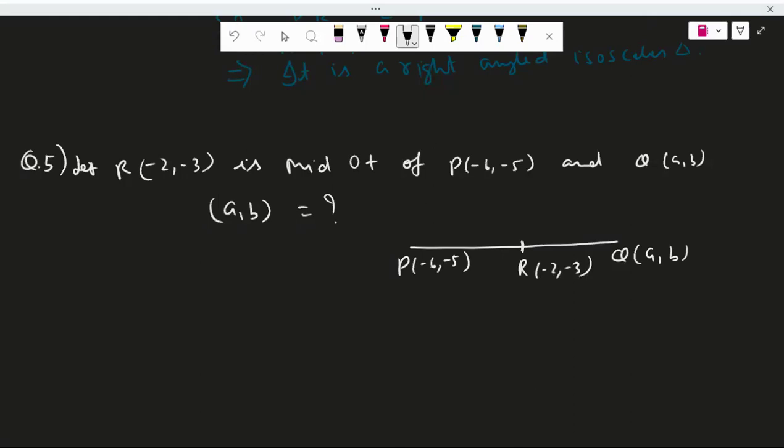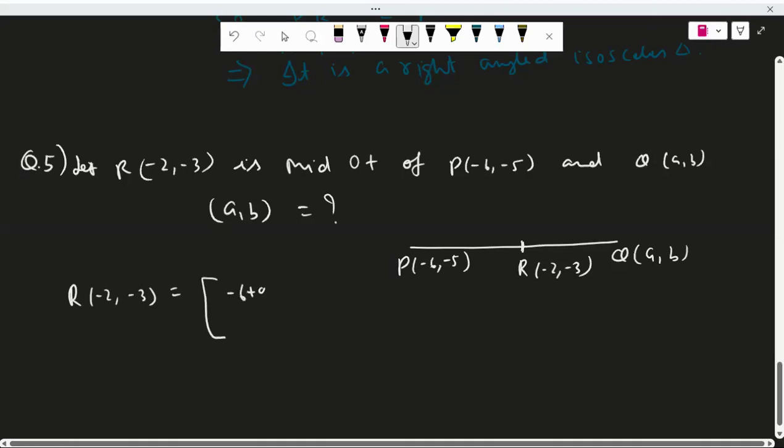Do you recall the midpoint formula? It is x1 plus x2 over 2 and y1 plus y2 over 2. Correct.